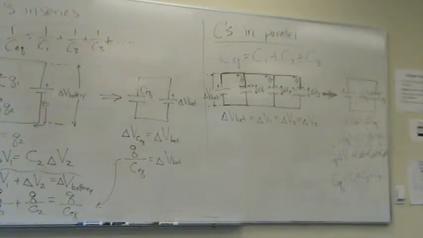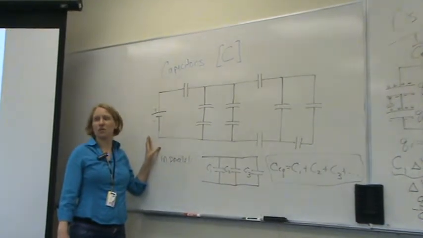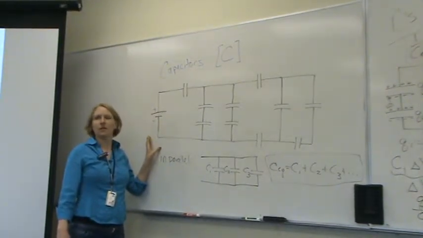So the end goal then is we've got to combine these two principles into how we could reduce this big circuit, which has both capacitors in series and in parallel. And the key point is you cannot do it in one single step.